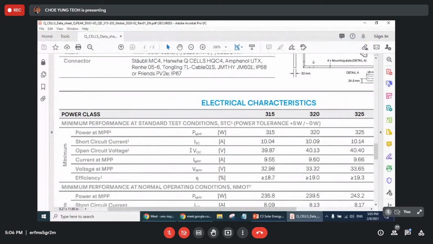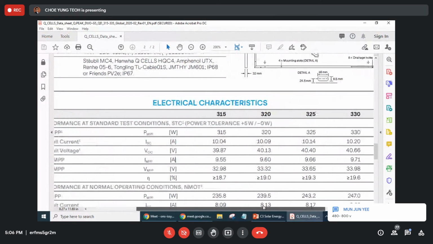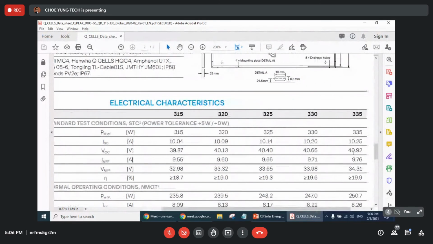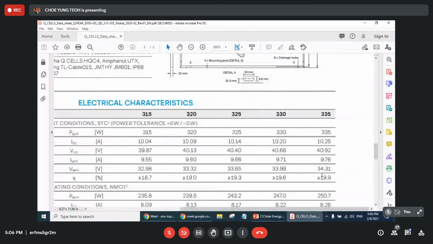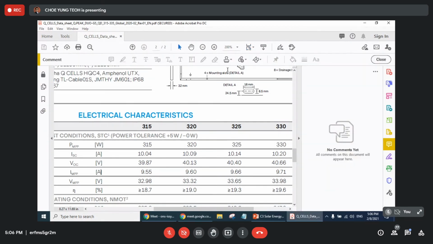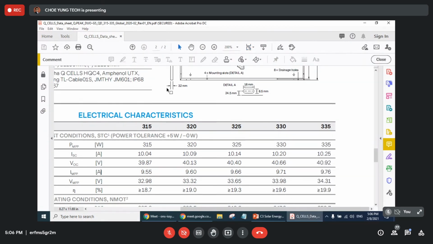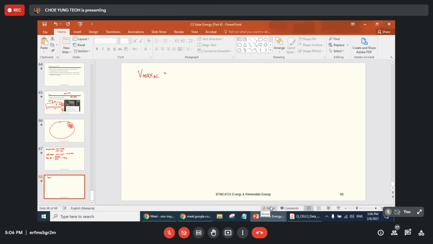Open circuit voltage is 40.92, and then maximum power point voltage is 34.31. Know how to read, because you picked 335. So this is our answer, from 40.92 to 34.31.